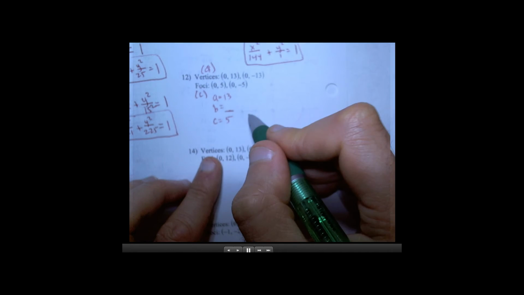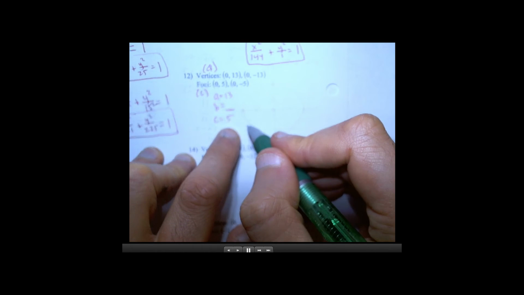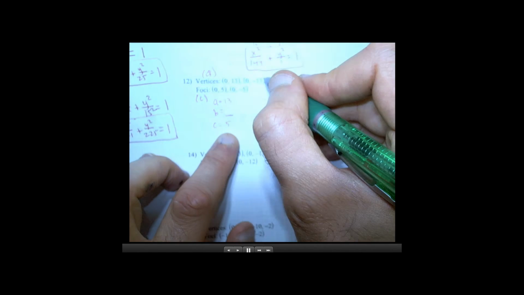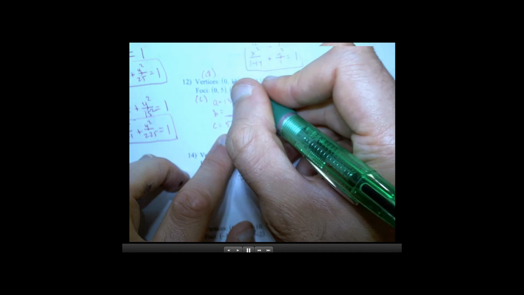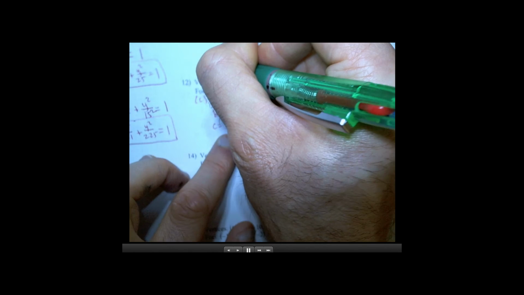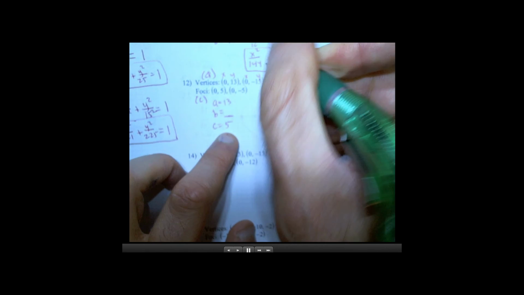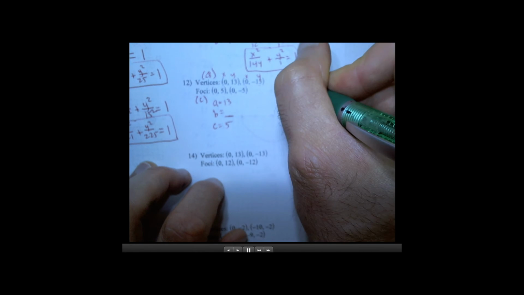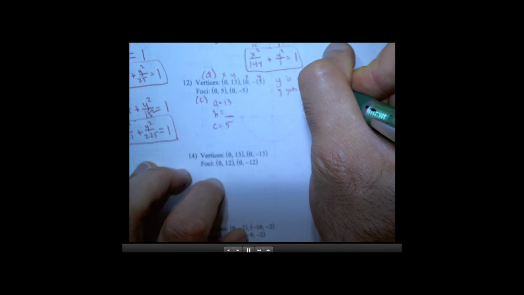Looking at this one, who is my major axis? Is it X or Y? Y is our major axis. No problem. So Y gets the A. The problem is I don't have my B.